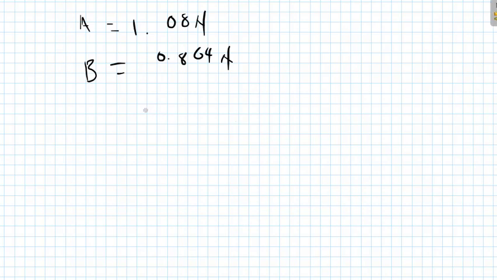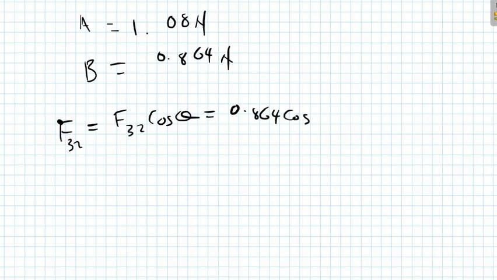Now, having been given this, we can also calculate F32 in x, which is F32 cos theta, equal to 0.864 cos 60, and this gives 0.432 newtons. We also find force F32 in y.